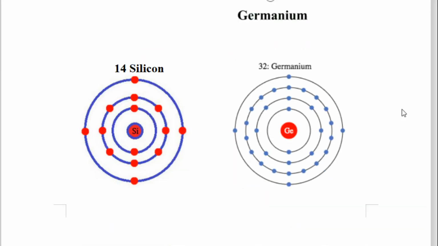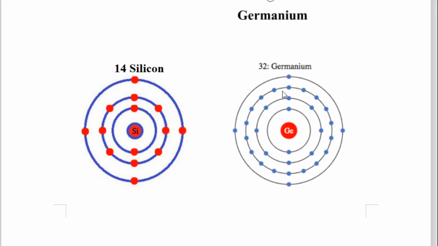Now here you can see 14 is the atomic number of silicon. So first orbit, second orbit, and third orbit. In the third orbit there are 4 electrons, which are called valence electrons. In the case of germanium, 32 is the atomic number. First orbit, second orbit, third orbit, and then fourth orbit. In the fourth orbit, there are 4 electrons.